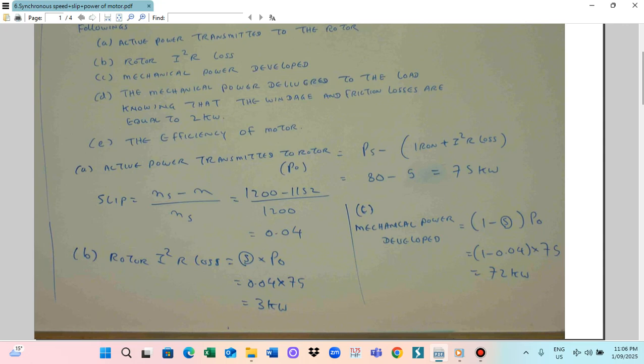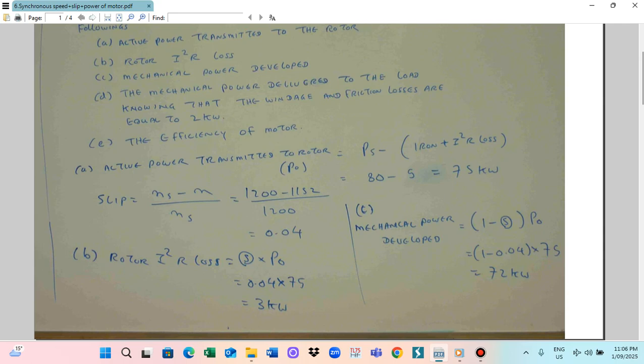And C, we also need to calculate the mechanical power developed. The formula for the mechanical power developed is Pm equals 1 minus slip multiplied by P0.